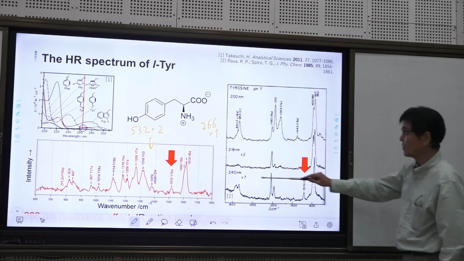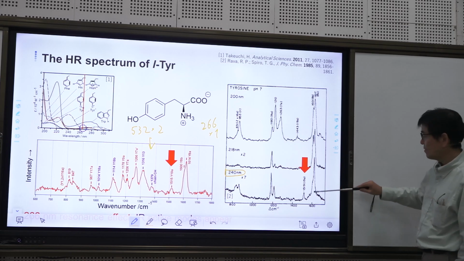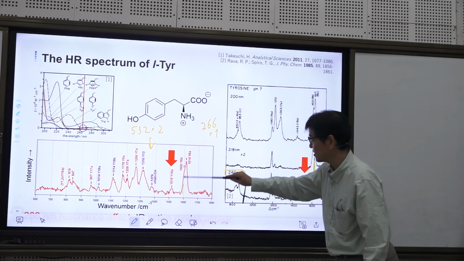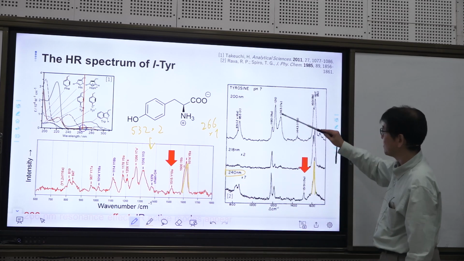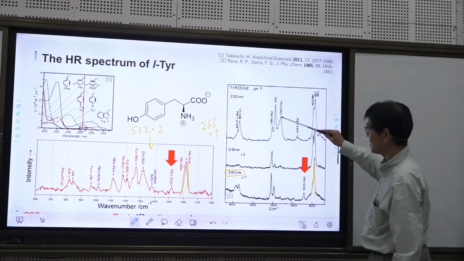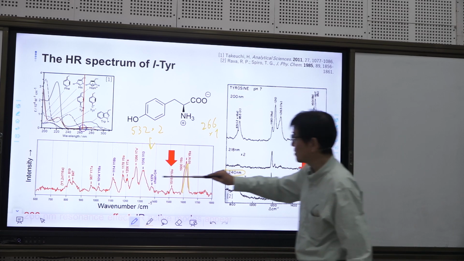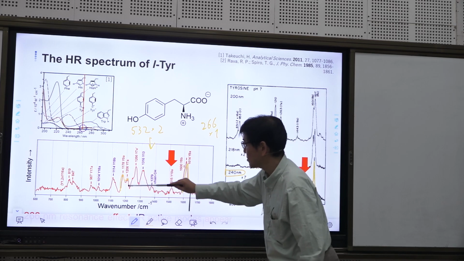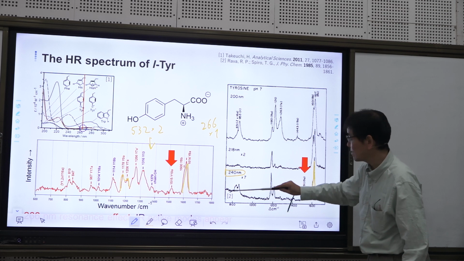So let's compare with 240 nanometer excitation. Then a large peak appears here, and two peaks appear here, 9A and 12. These two peaks correspond to the two peaks, and there is a doublet peak.